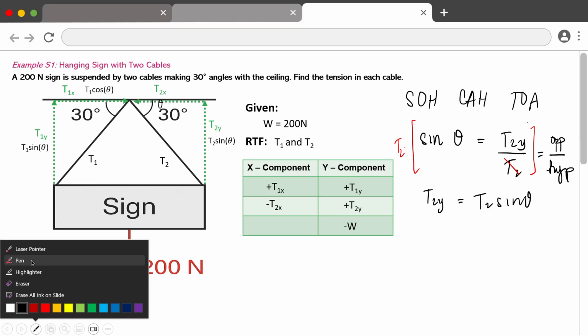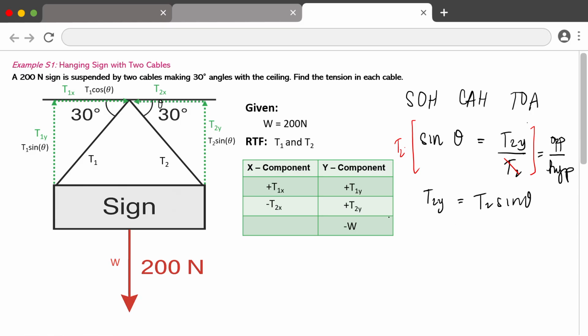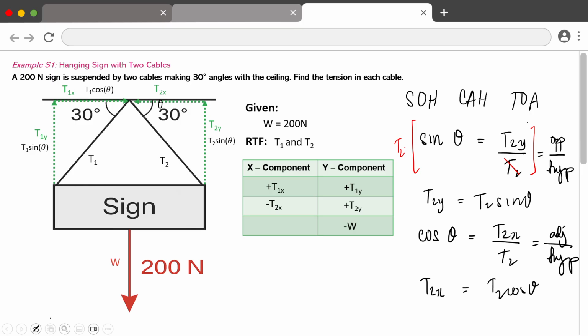Let's do the same thing for T2x. In order to find the ratio that includes T2x and T2, we will use the cosine function. So the cosine of this angle right here is given by T2x over T2, which is again equal to the adjacent side over the hypotenuse. So we find that T2x is simply equal to T2 cosine theta.